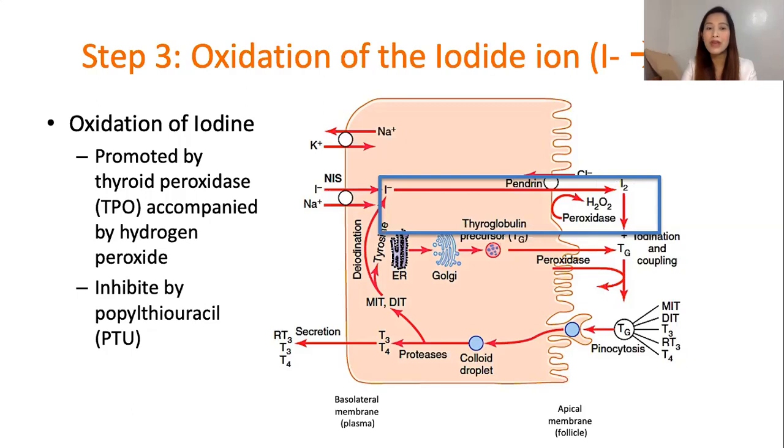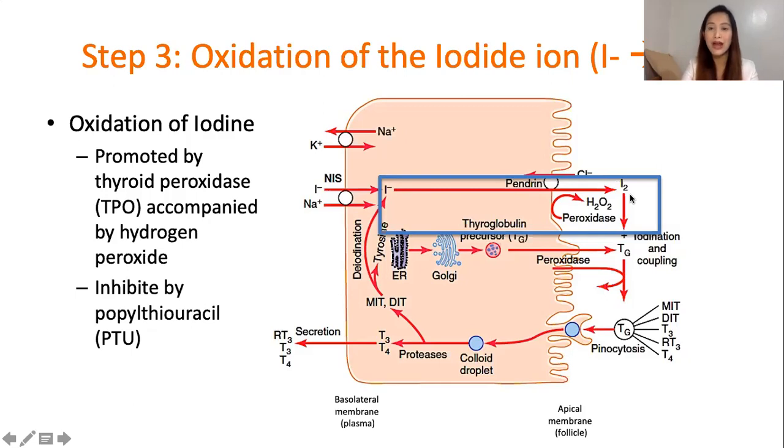Your thyroid peroxidase enzyme is one of the more important enzymes that you need to remember in thyroid hormone physiology. So the oxidation of your iodide ion is facilitated by your thyroid peroxidase enzyme.